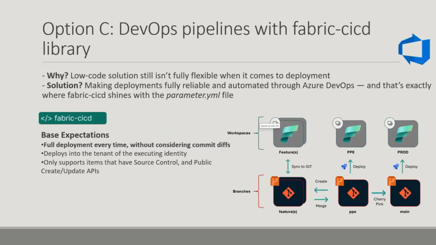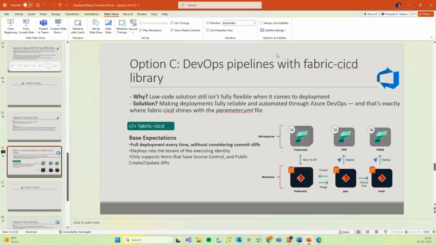So let me go directly back to my demo, and I will show you how it works. As said, with the first two options, we were relying on the deployment pipelines to get data from development to production. Here, the important thing to understand is that we won't be using these deployment pipelines anymore. We will be solely relying on Azure DevOps.